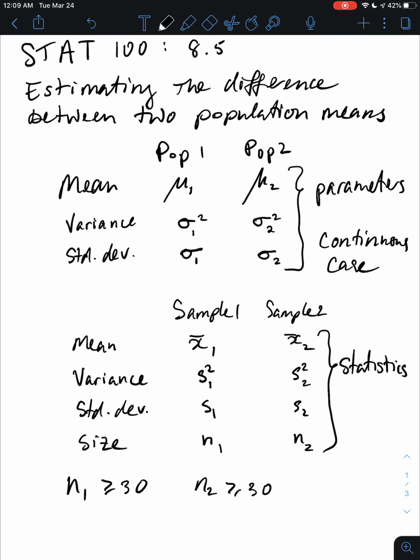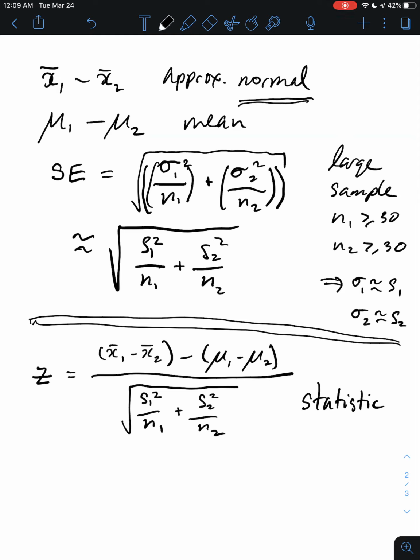So the sample mean, the sample variance, the sample standard deviation, the sample size, these are all statistics. And similarly, the z-score in this case is also a statistic. So it's sometimes called the Z statistic for this distribution.